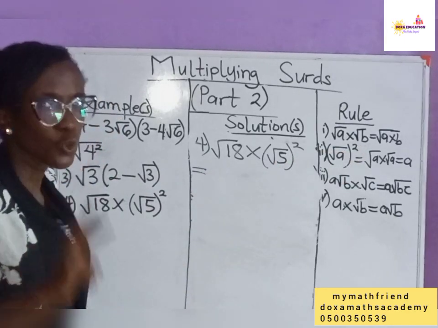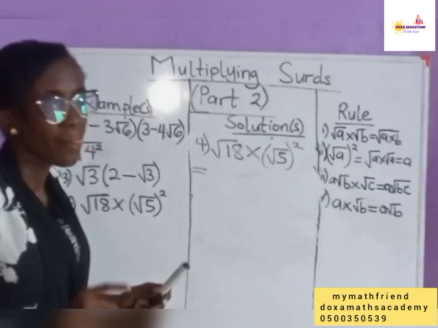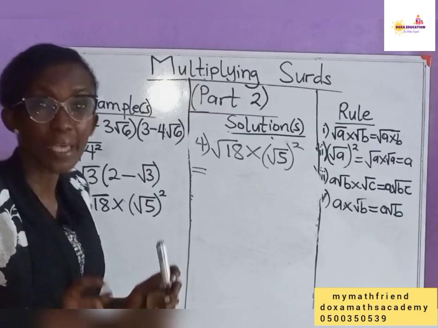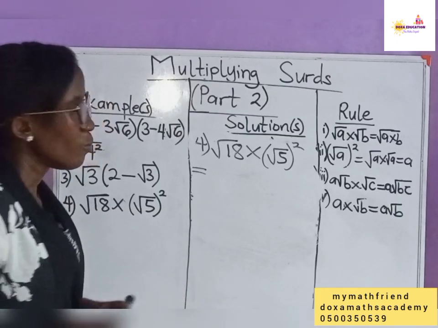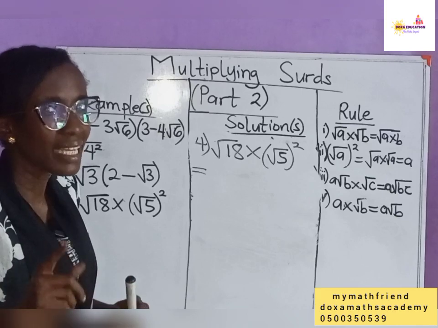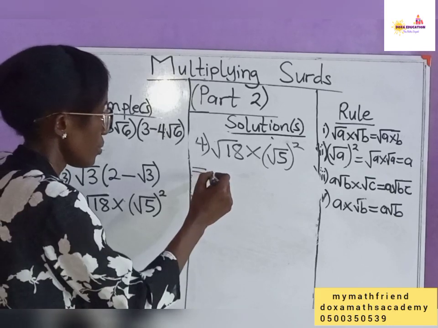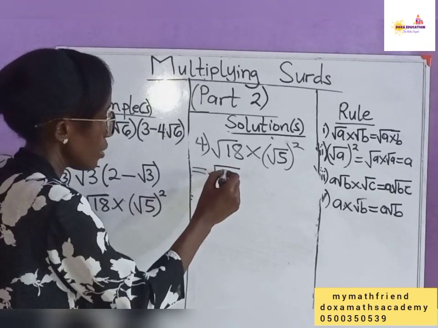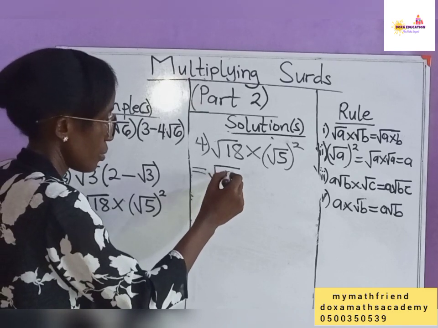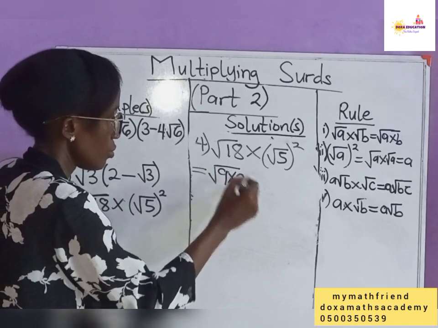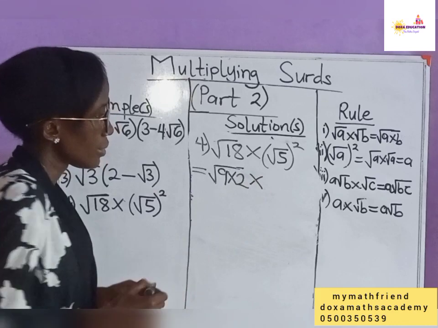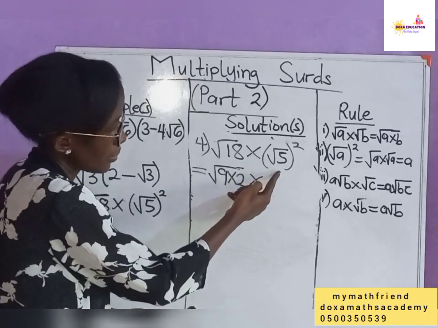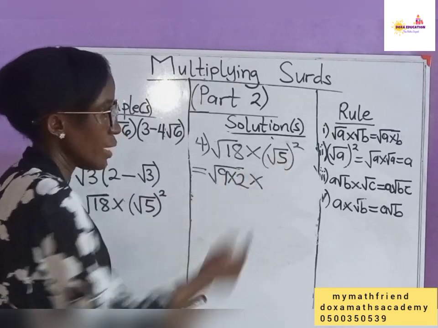So we find two factors of 18, where one of the factors is a perfect square. Good. We choose 9 times 2 because 9 is a perfect square. So inside we have 9 times 2. Then over here, this is root 5 all squared.